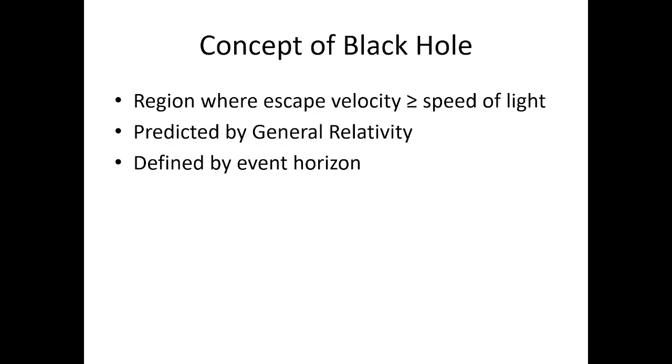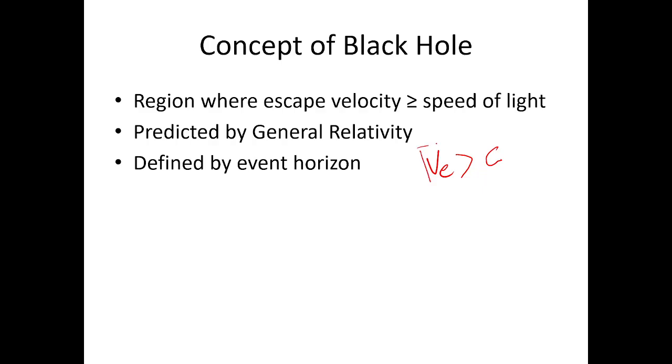A black hole is a region where escape velocity is greater than or equal to the speed of light. So the black hole region is a place where the escape velocity becomes greater than the speed of light, c.